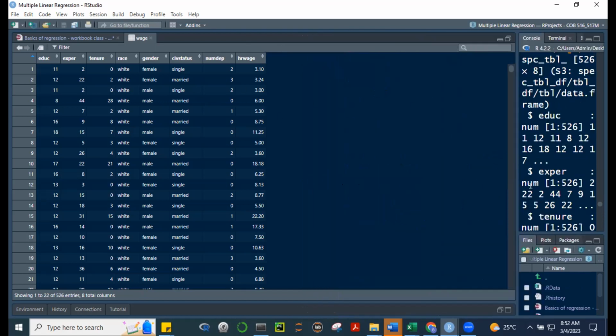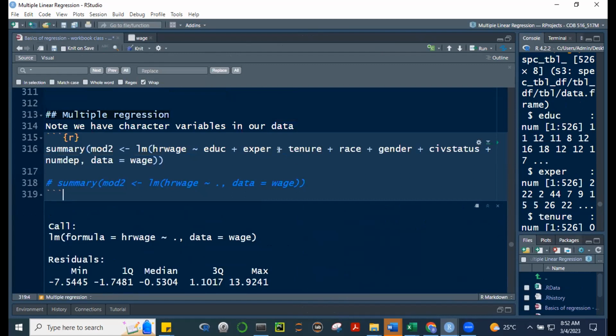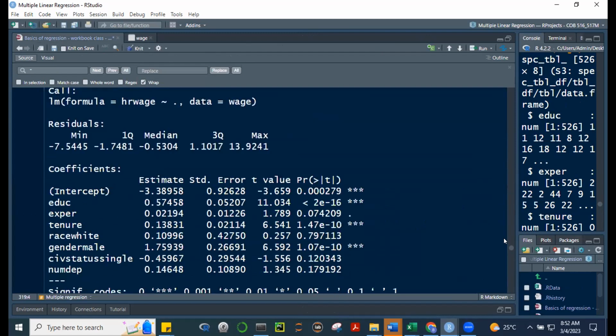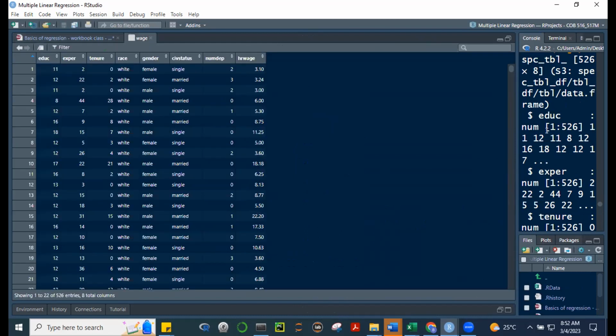Before, I had to do this, because if I ran this regression it would not run, since the three variables, race, gender, and civil status, are all characters. But now R automatically converts them into factors. Now let's discuss what happened.